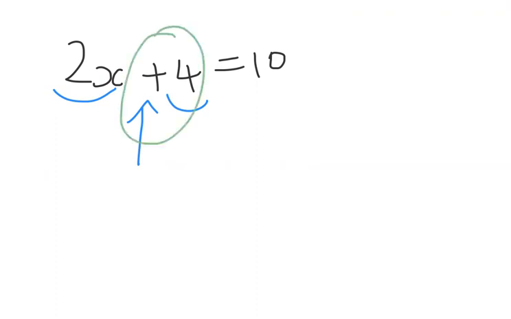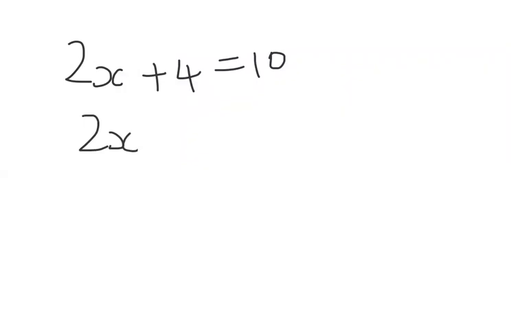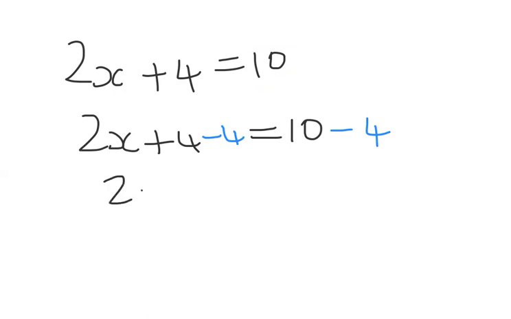So we're now starting to combine 2 different things into one. First, get rid of the plus 4. So if we do that, you keep the 2x. By now, you know already, if you have plus 4, you're going to say minus 4, and on the right, minus 4 as well. So here we have 2x equal 10 minus 4 is 6.